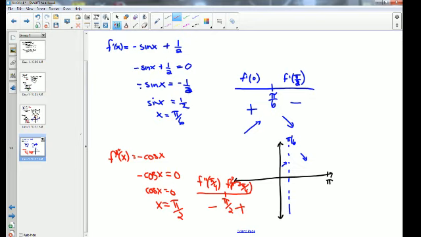I'm gonna draw the unit circle. You can do that. Sketch the graph on it. That means we have concave down. Point of inflection at pi over 2.